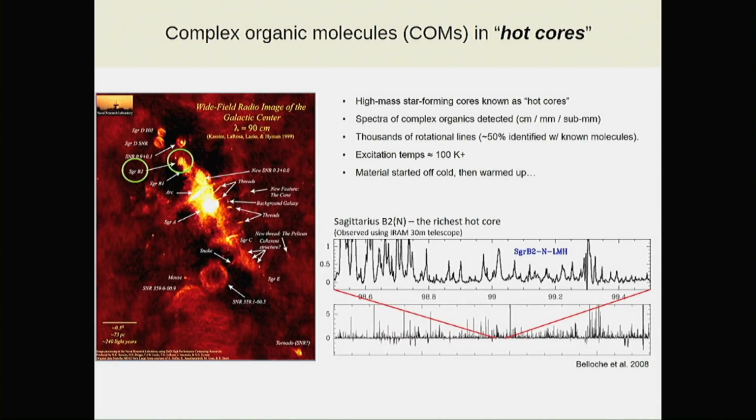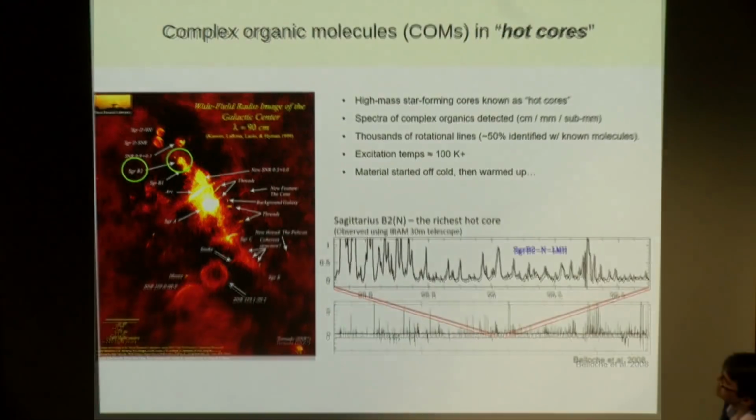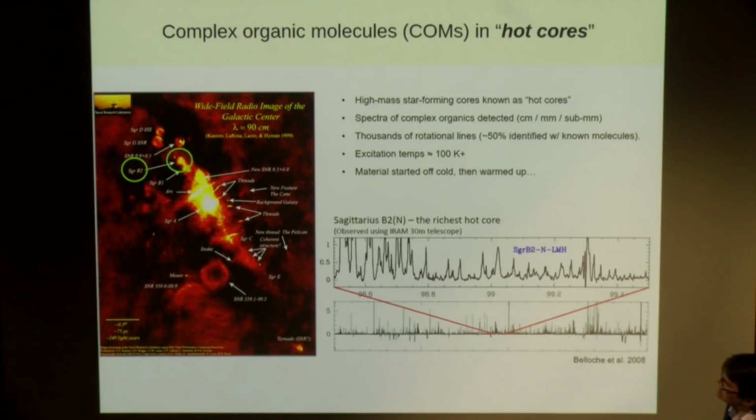So I will introduce what is certainly the richest source of complex organics in our galaxy, Sagittarius B2. This is a long wavelength radio image toward the Galactic Center, and we're looking at Sagittarius B2.